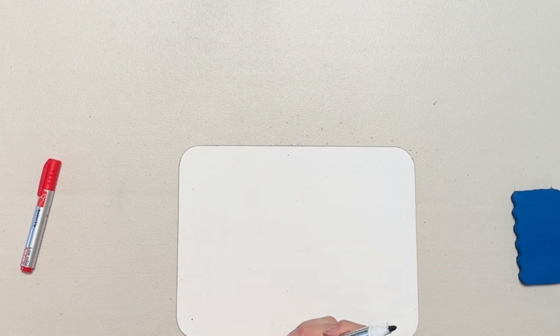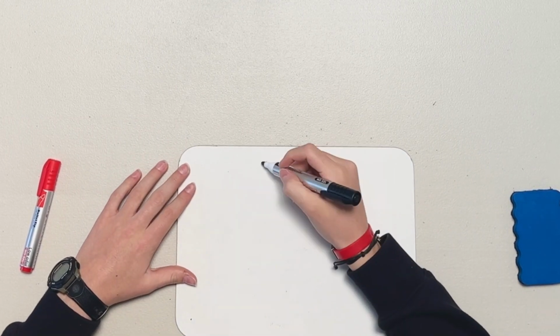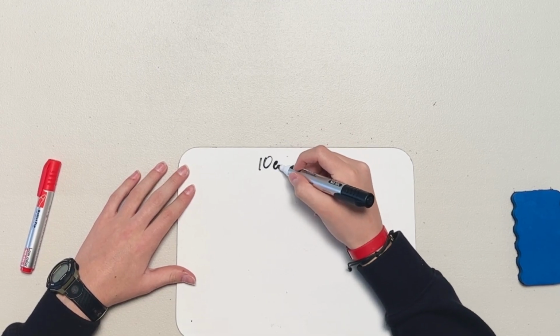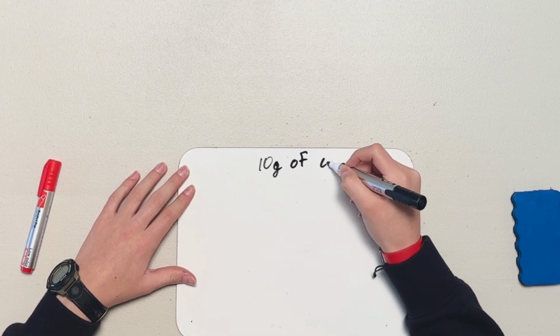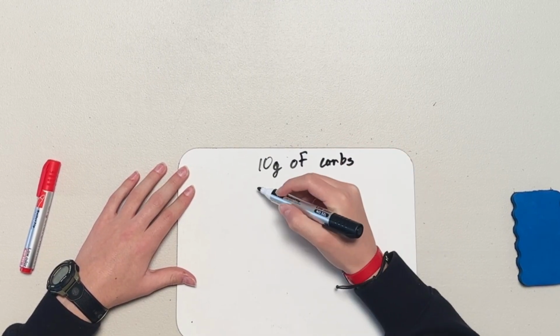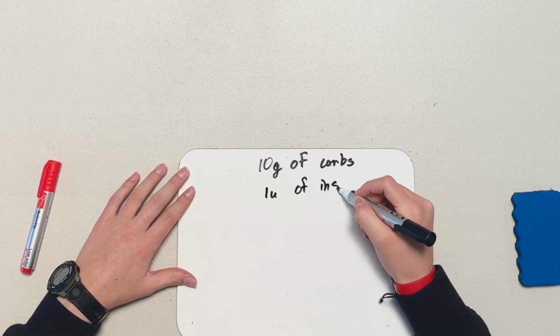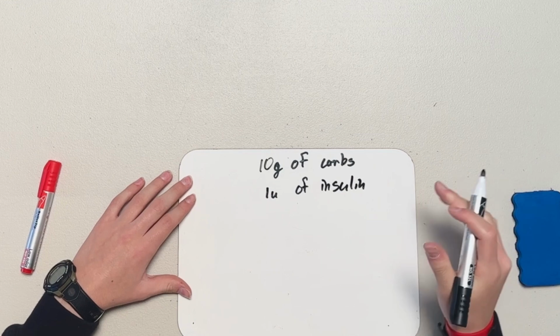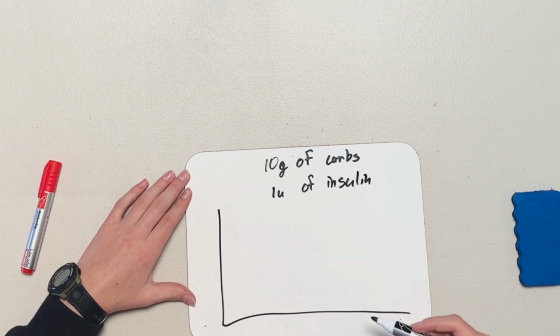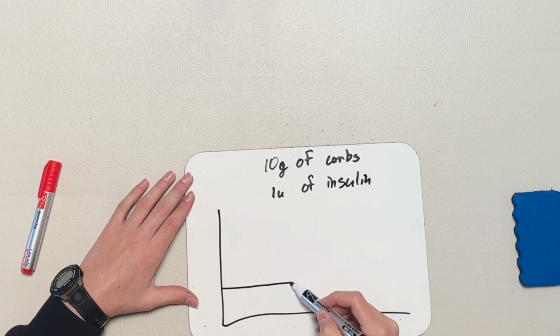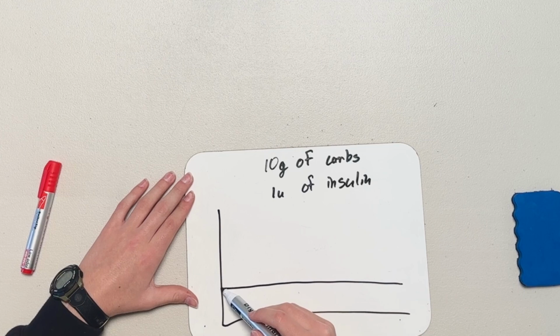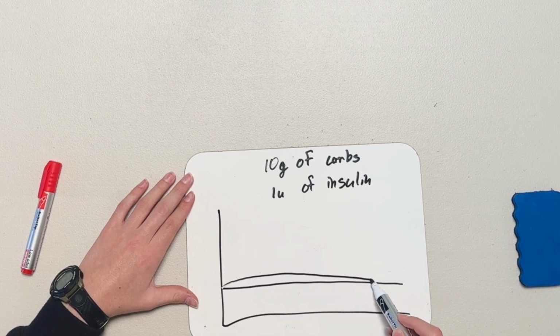Now, if we were to apply this to a low carb meal, we'll say it's 10 grams of carbs and 1 unit of insulin. And again, do the same thing, graph out every potential outcome. It's going to look a little bit something like this. That's if you got it perfect. This would be 11 grams of carbs.